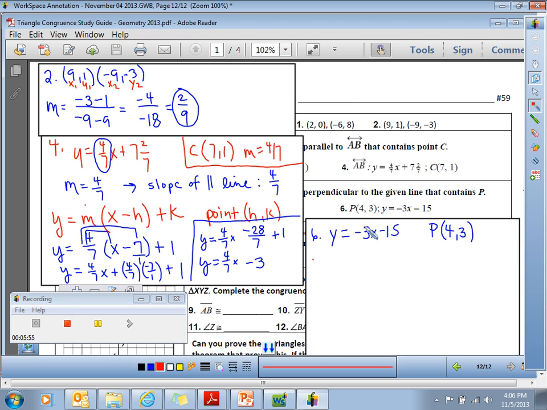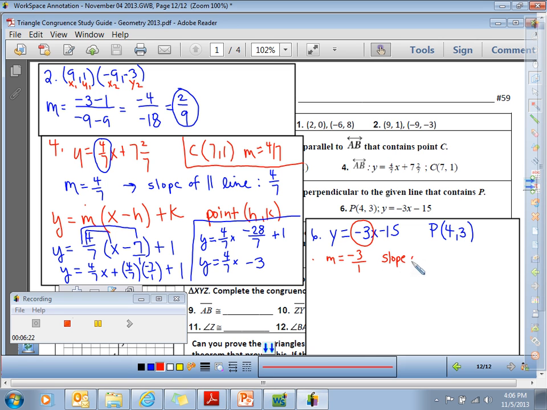So we want to find the slope of this line, and it's already in slope-intercept form, so the slope is negative 3. The slopes of perpendicular lines are negative reciprocals of each other. So this slope is equal to negative 3 over 1.